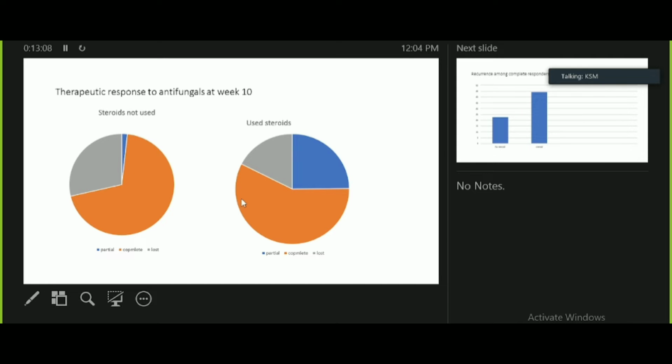In contrast, among the patients who had used steroids before, the complete response group was smaller, and more patients had partial response. And this was statistically significant.